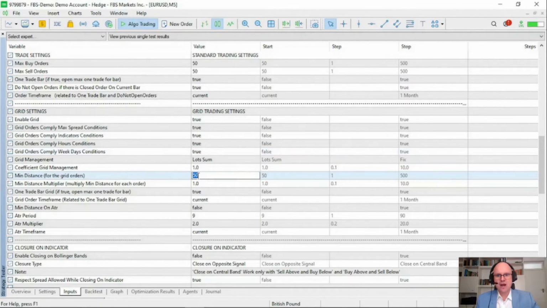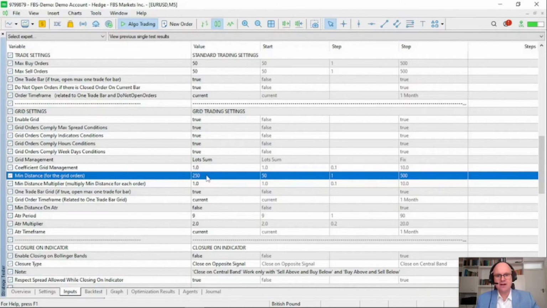Now, because we are trading the EURUSD pair that has a tendency to strongly trend, we are going to increase the minimum distance between the grid orders from 50 points or 5 pips to 250 points or 25 pips. This will give us a wider spacing between each order.